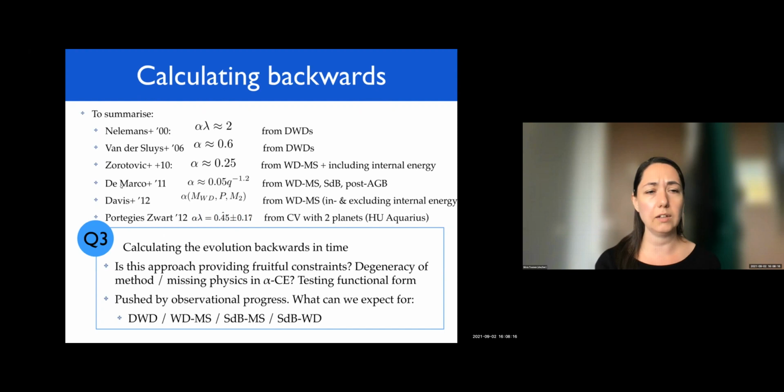And I also want to highlight these 2 studies from Ursula De Marco and Phil Davis that didn't try to find a single value for alpha, but tried to look at the dependencies of alpha on stellar parameters, so we can test these functional forms.